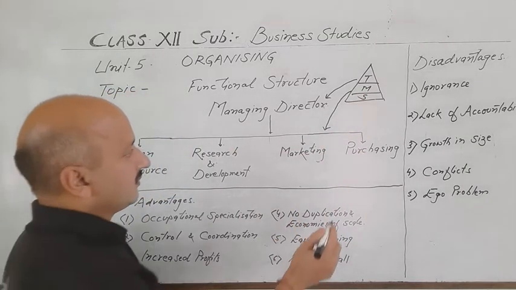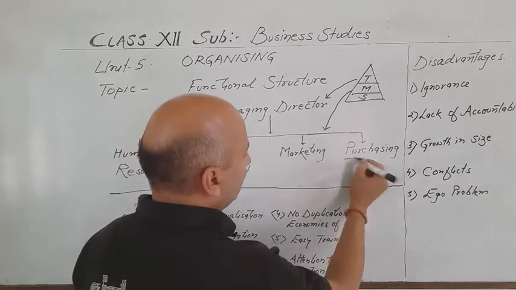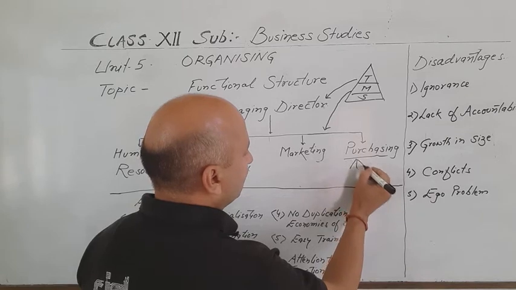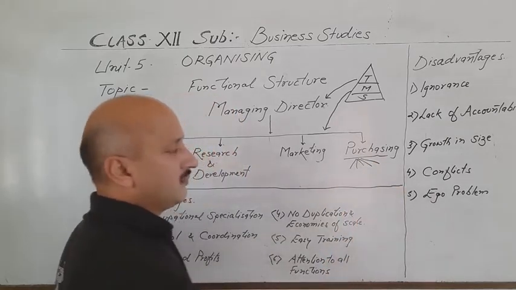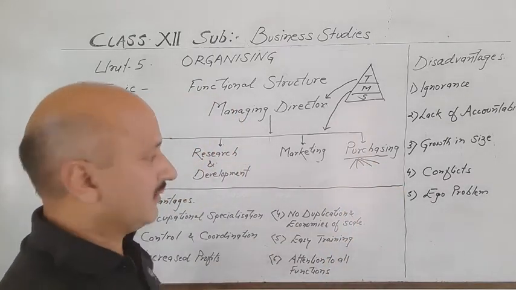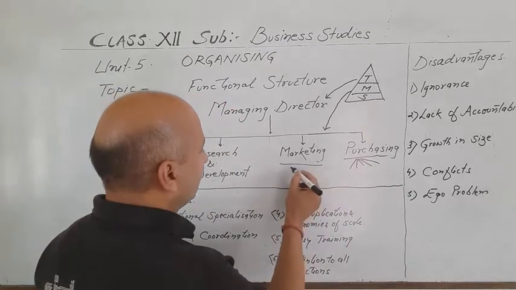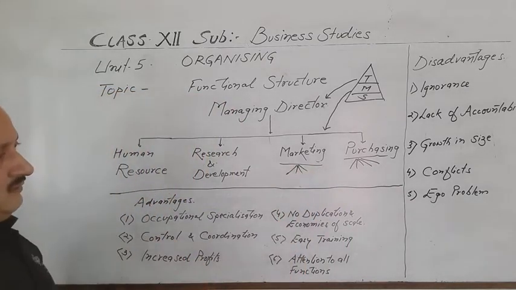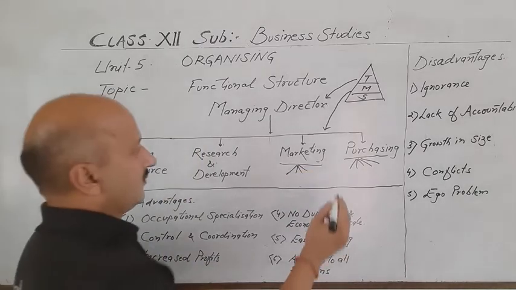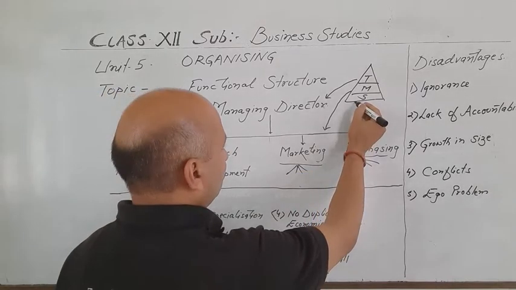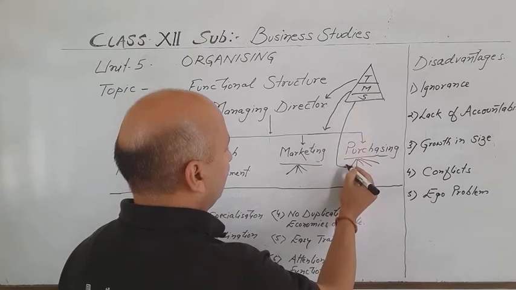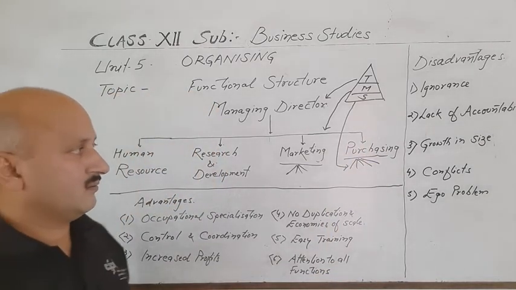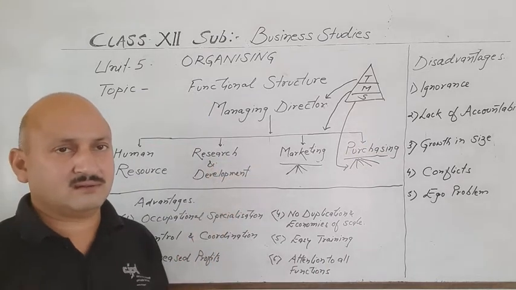After this, every department has a set of supervisors. It may be 3, 4, 5, depending on the size of the organization. This is the supervisory level after the middle level.